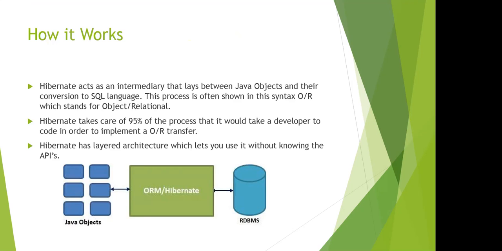Hibernate has a layered architecture, which lets you use it without knowing the APIs, which are basically the functions and methods, all the nitty-gritty stuff that takes you a long time to put into code. So pretty much you can just use keywords and imports rather than trying to write out whole paragraphs of code.